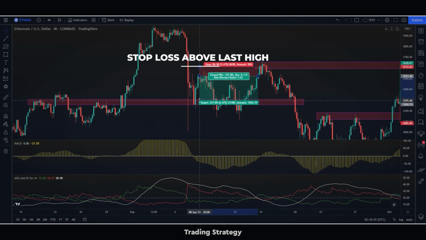It is always preferable that when checking the MACD, the bars are not too close to the center line.